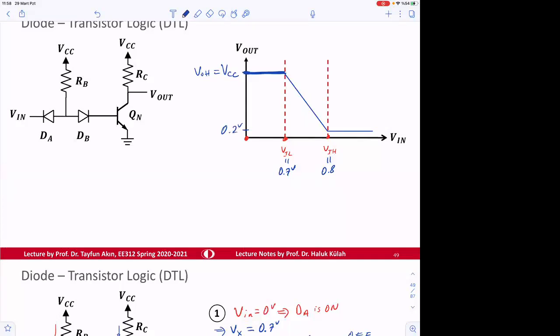So in fact, we calculated the output low, and also the input high. We both determined we input high and we output low. Is that clear?